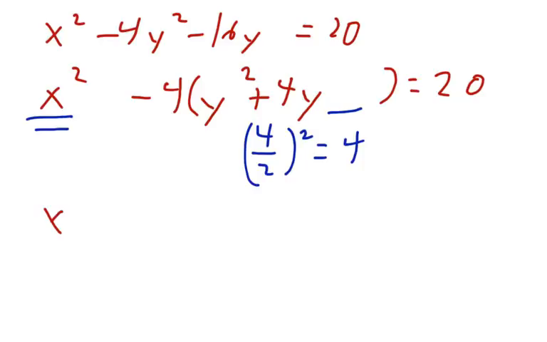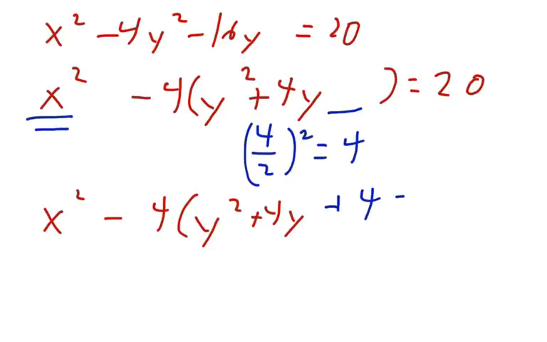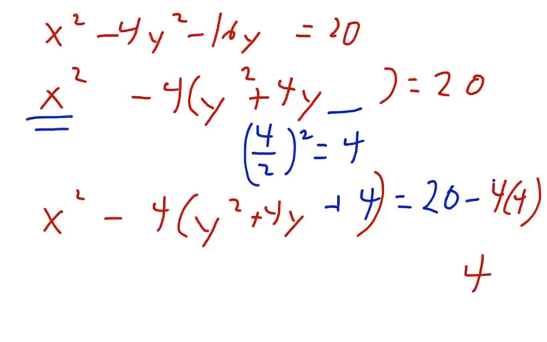So we got x squared minus 4 parentheses y squared plus 4y plus 4. And over here we got 20 minus 4 times 4. Let me close this parenthesis. And so the right side becomes 4.